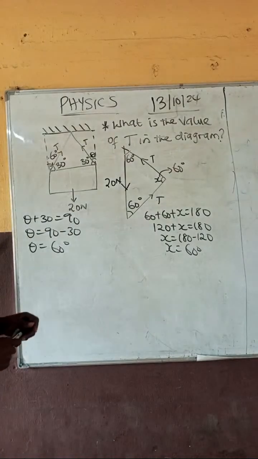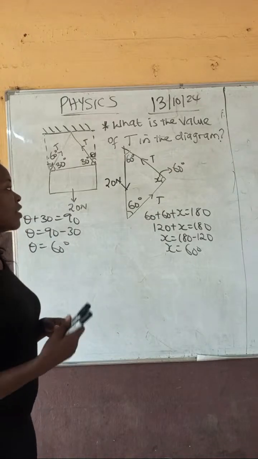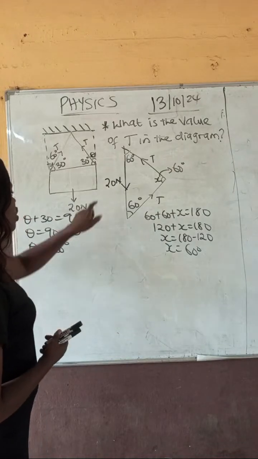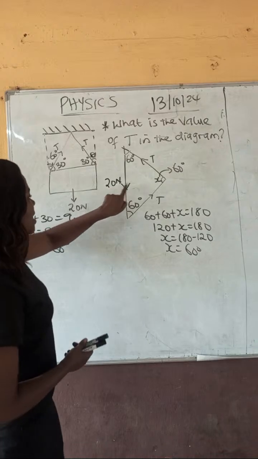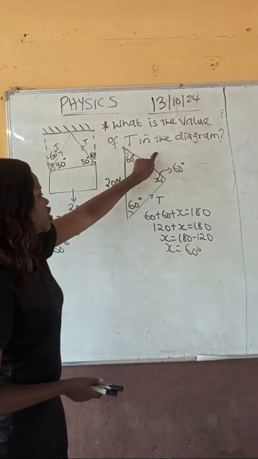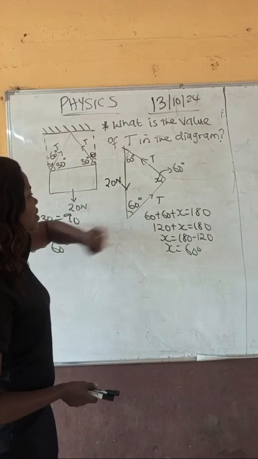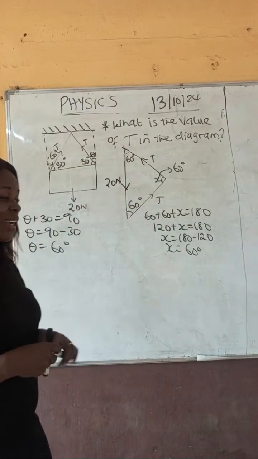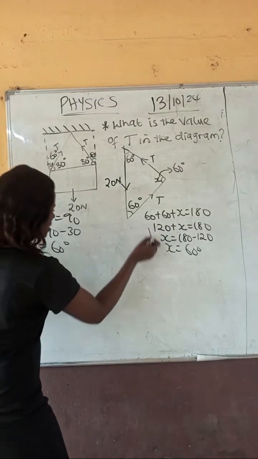Is that okay? Now let's dive into the solving, that is using the sine rule. And the sine rule says that what? 20 over sine 60, the side facing 20, is equal to T over sine 60, right? This looks so simple. So let's go.